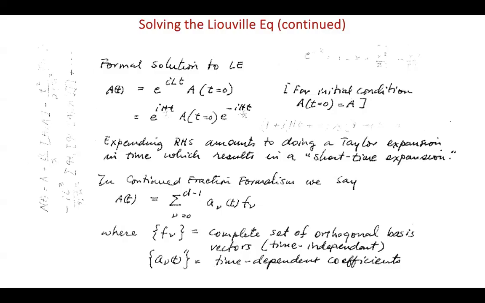So suppose A of t is one vector like this. Then the right-hand side, you can think of as this vector being made up of a whole bunch of F nus. So F0 like an x-axis, F1 like a y-axis, F2 like a z-axis. Then we run out of steam because we can't go to a fourth dimension intuitively.